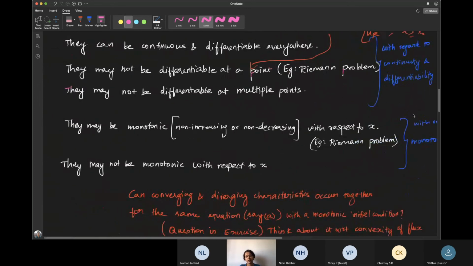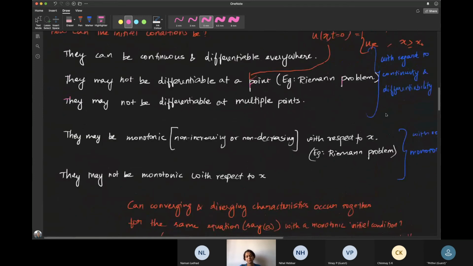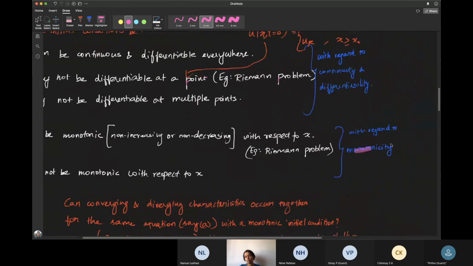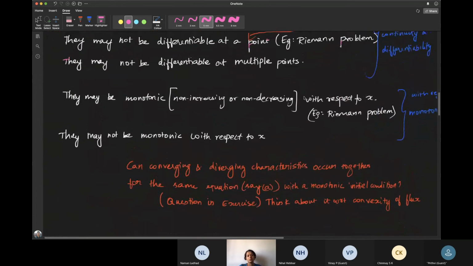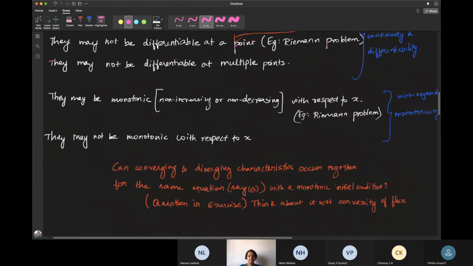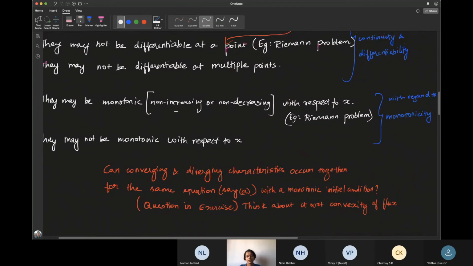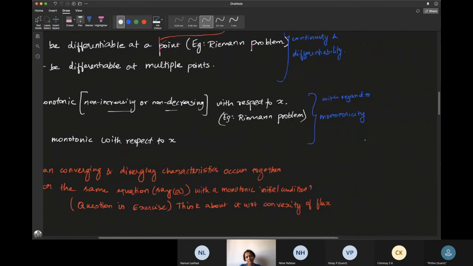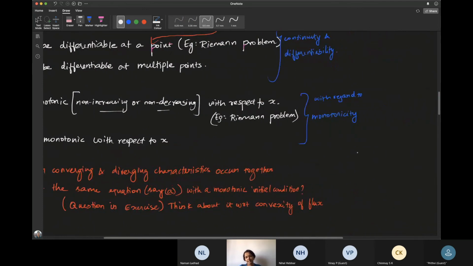Next we'll see some factors for having different initial conditions with respect to monotonicity. Monotonicity is something like your function is non-increasing or non-decreasing. You know what increasing and decreasing is.